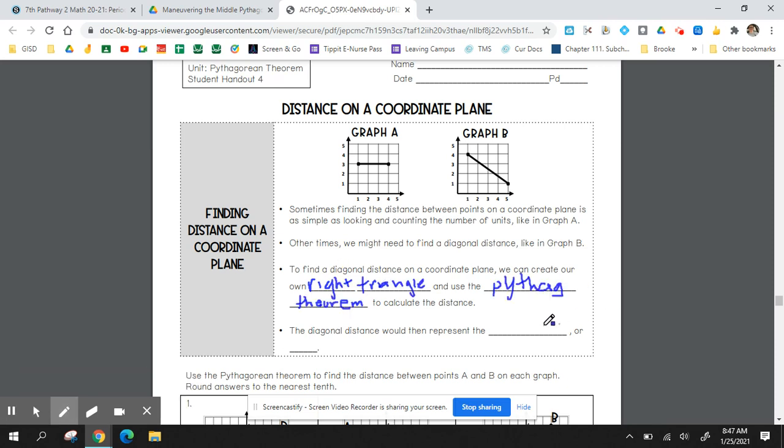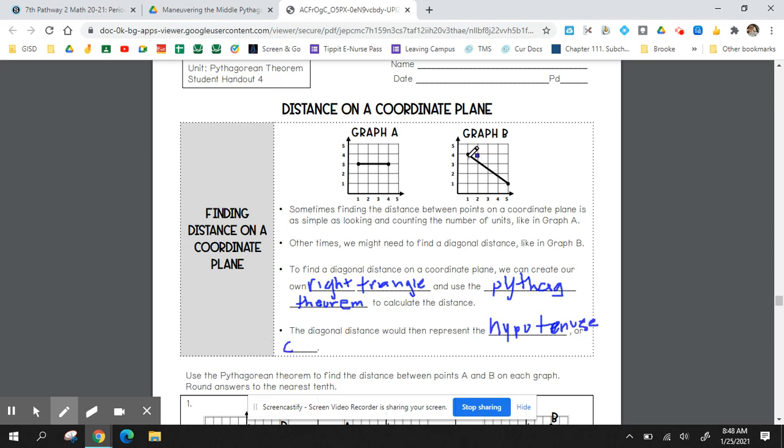So if we create our own right triangle, we can use the Pythagorean theorem to calculate the distance. The diagonal distance would then represent the hypotenuse, or the C. Oh, I misspelled it. That C value.